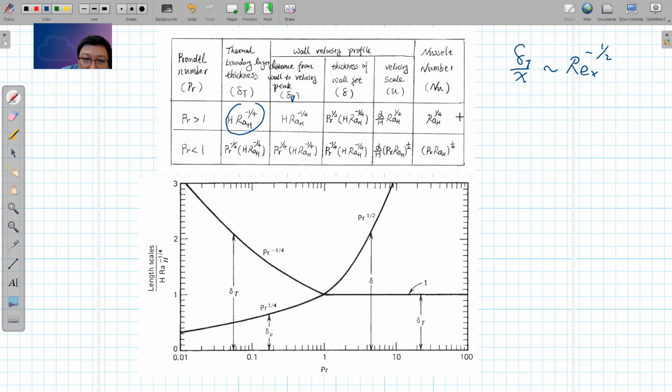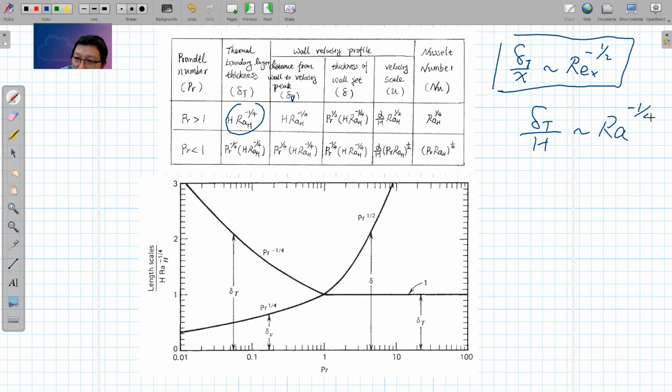This is for our previous laminar boundary layer for forced convection, convective heat transfer. And for natural convection, basically you can write that delta T over H will be equal to the Rayleigh number to the minus 1/4. If you replace this H with some x value, you can also write an x value here.